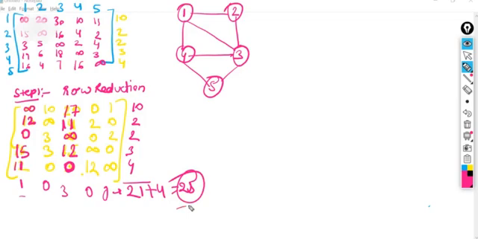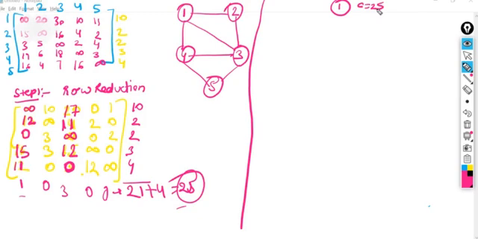So now it's time to draw the state space diagram in order to get the solution. So I'm drawing here the state space diagram. First I'm taking the node 1. From 1 I'm starting, you can start from anywhere. I'm starting from node 1. And what is the reduced cost that we have right now? It's 25.